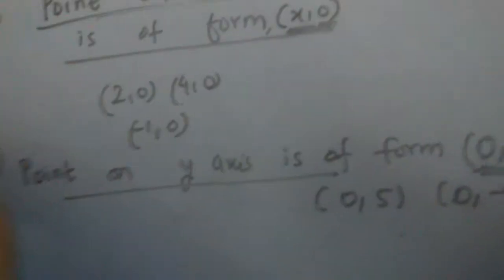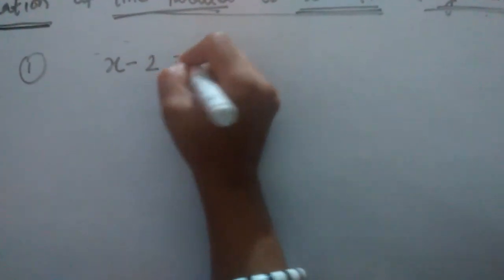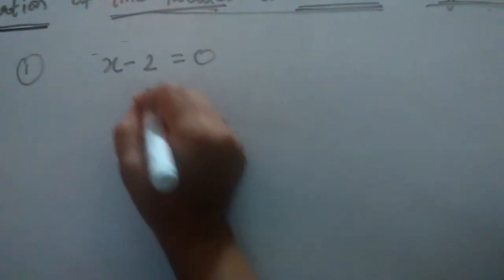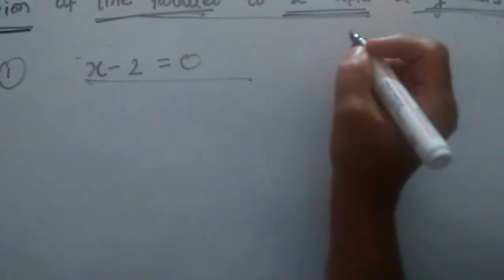Now let's move forward. We'll come to a line which is parallel to the x axis. Okay, let's see an example. Suppose x minus 2 is equal to 0. So we have to draw this line on graph paper.